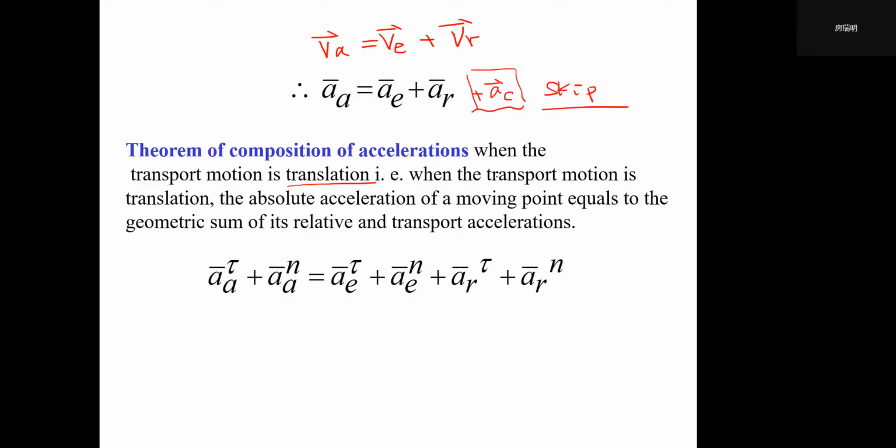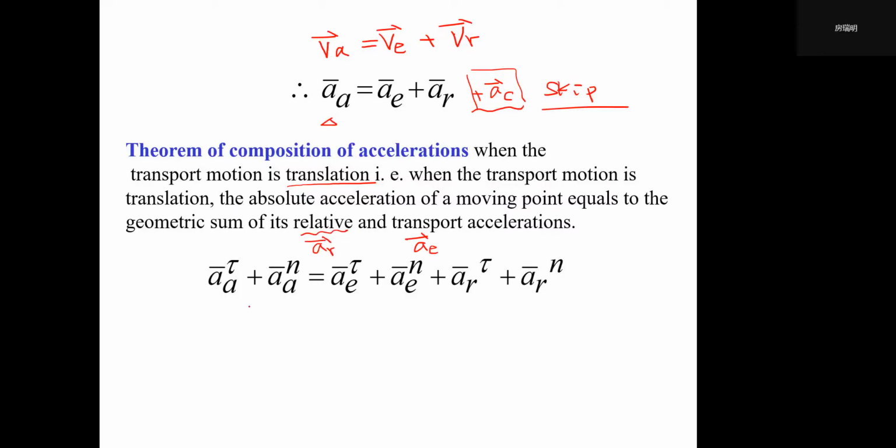So when the transport motion is translation, the absolute acceleration of the moving point, we use AA, where the subscript A means absolute, equals the geometric sum of its relative acceleration, that is AR, and transport acceleration, that is AE.